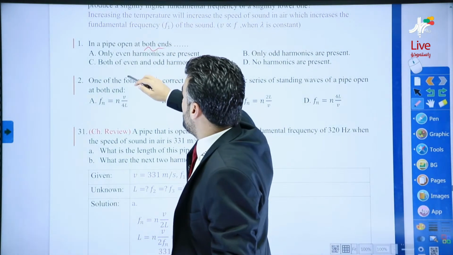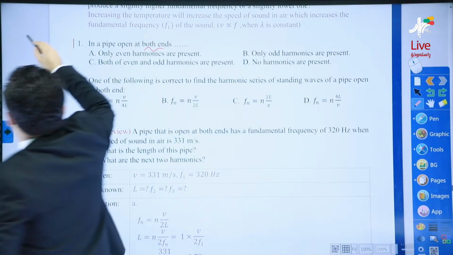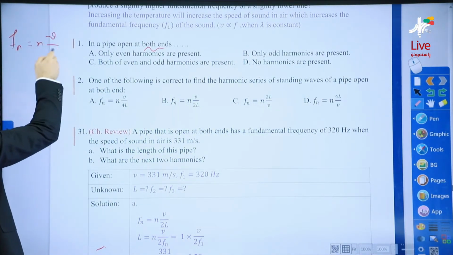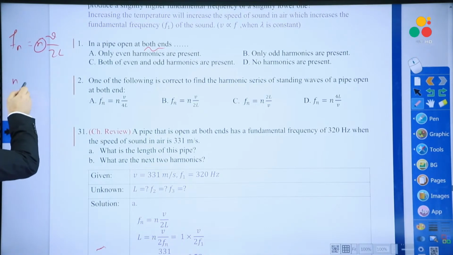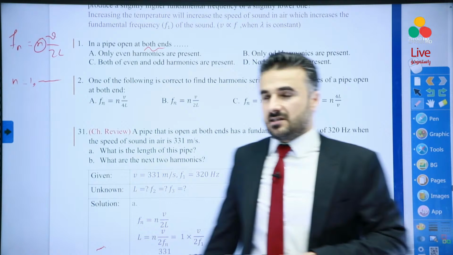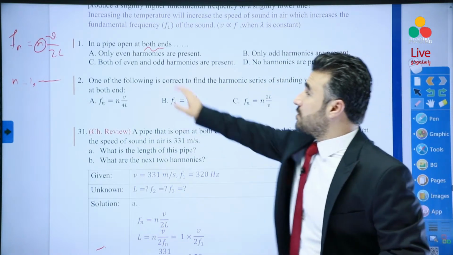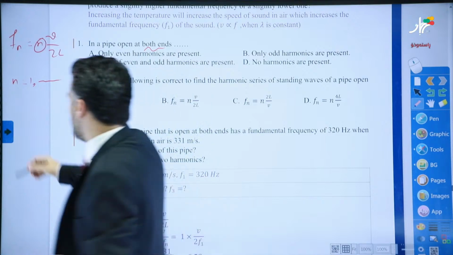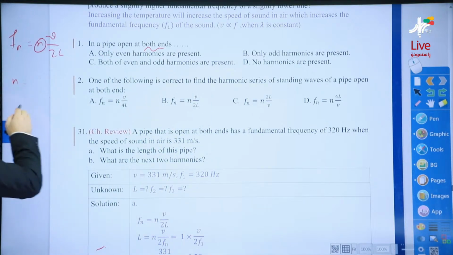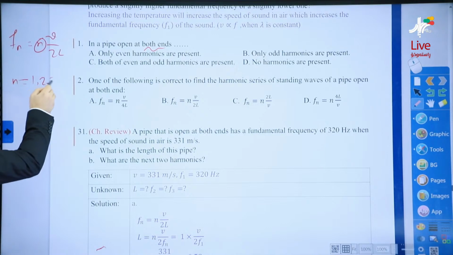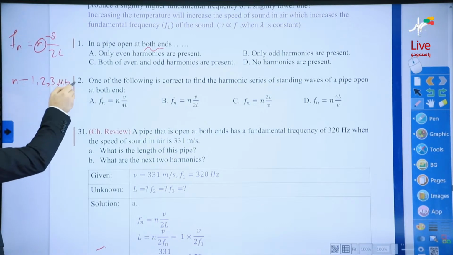Because if it is open at both ends, then the fundamental frequency or harmonic series equals n times v over 2L, where n equals 1, 2, 3, and all the harmonics will be available. So, in a pipe that is open at both ends, the question asks which harmonics are present. To avoid confusion, let me write this out properly: 1, 2, 3, 4, 5, and it goes on.